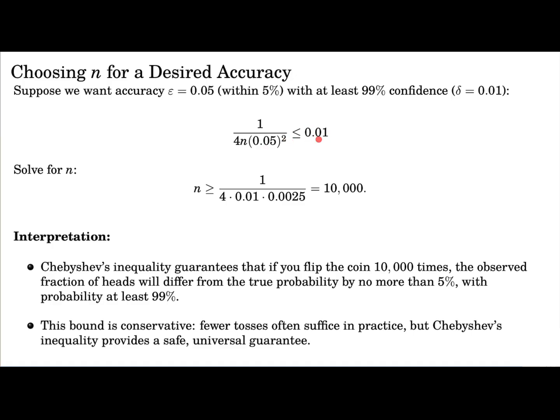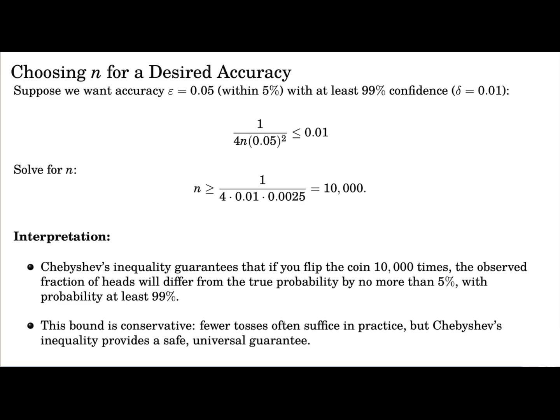If you solve for this, it tells you that n has to be larger than 10,000. And so what this means is that Chebyshev guarantees that 10,000 coin flips are enough to estimate p within 5% with probability at least 99%.